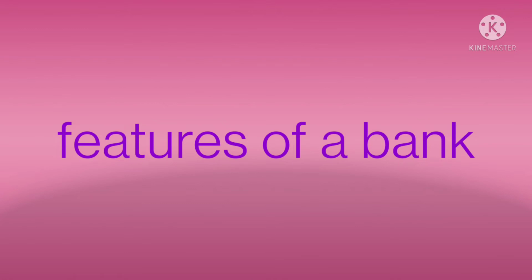In that case they go to the bank, fulfill the formalities, and get money from the bank. Next feature is payment and withdrawal. A bank provides easy payment and withdrawal facility to its customers in the form of checks and drafts.